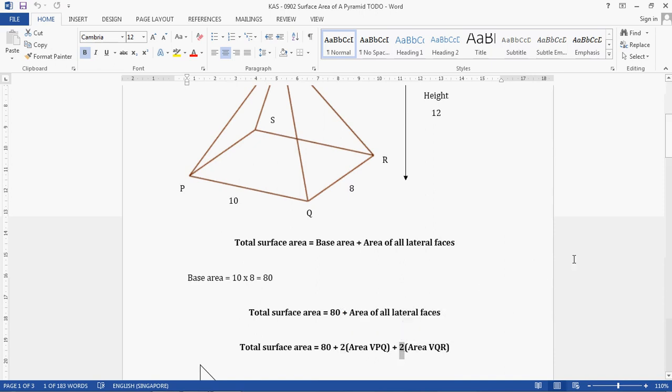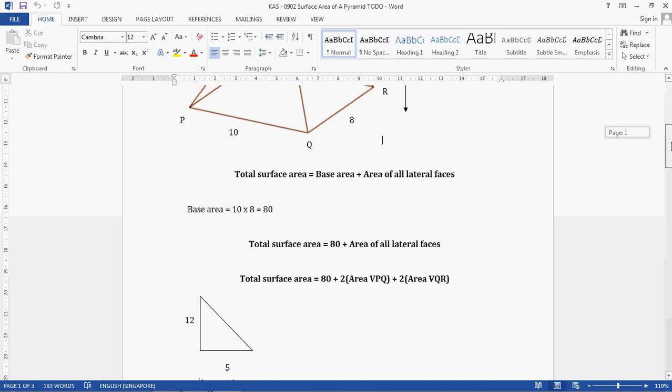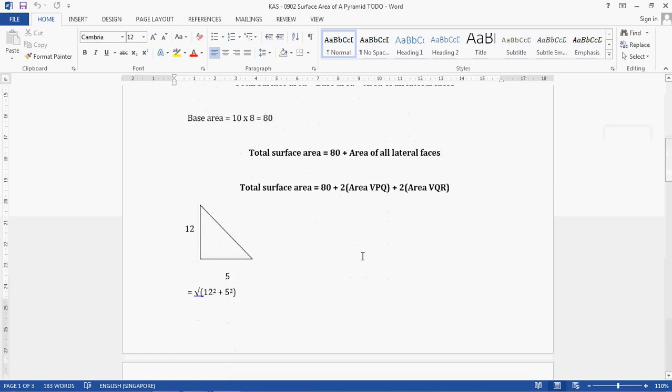Now let's take one of it. It doesn't matter which one you start first. We know the height of the pyramid, but we do not know the height of the triangle that we want to calculate. So the first thing we need to do is to calculate the height of the triangle of the face, and I extract this out to show you.